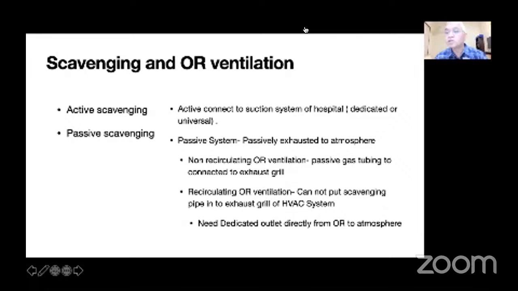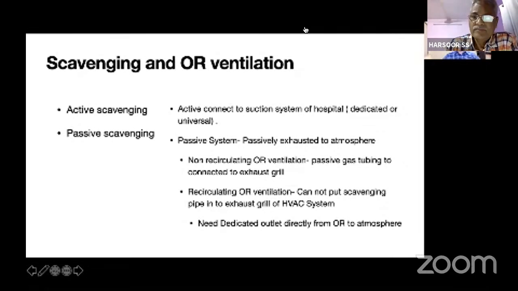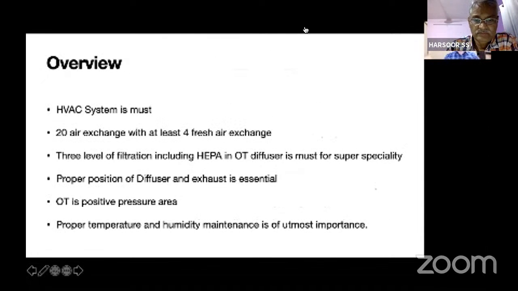You need a special substance to absorb these anesthesia gases. So what you need is a dedicated outlet which can go directly out from the operation room to the atmosphere. There are various issues with this, but that is the only system possible if your anesthesia machine allows a passive system in a recirculating OR ventilation. So you need to create a direct passage into the atmosphere for the passive system, while an active system is good enough, you can connect to the central suction system.